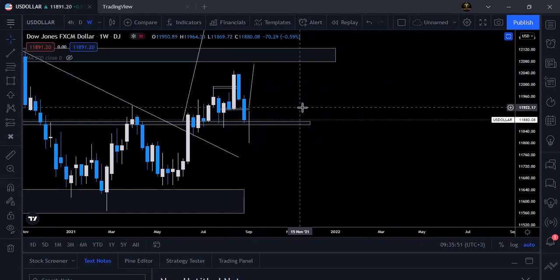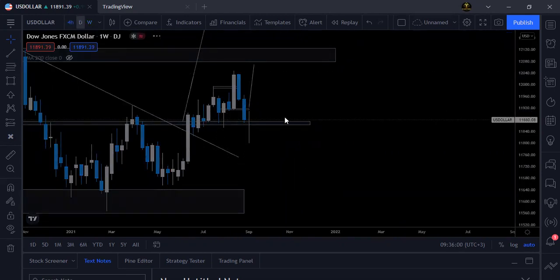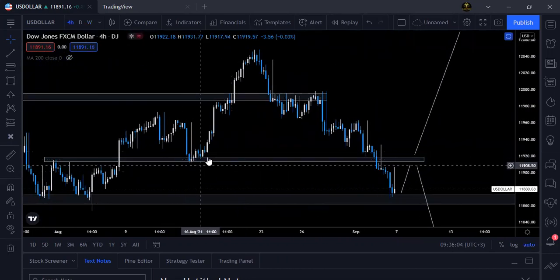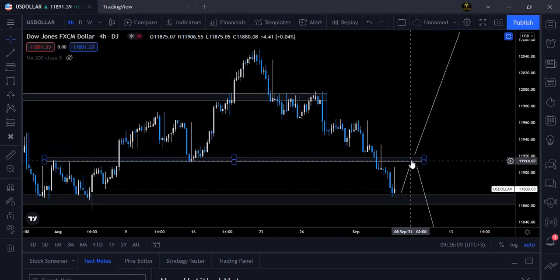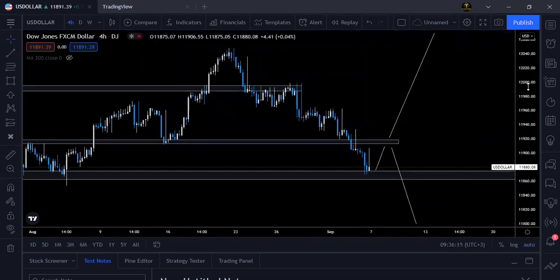So that means they took charge, breaking this lower low. So that's another determining factor. That is why I've said, once we come back here to the 4-hour, this was the previous lower low, I'll be expecting to see prices push until here. And then this resistance is what's going to determine the fate of the US dollar for this coming trading week.